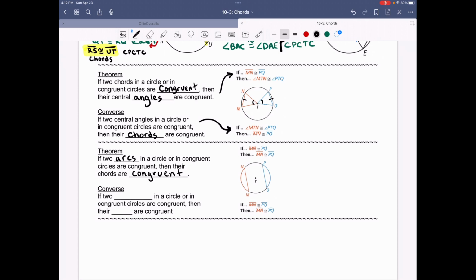And then vice versa, the converse. So this one is the theorem. If chords MN and PQ are congruent, then their arcs are congruent. I mean, their chords are congruent. If the arcs are congruent, then the chords are congruent.